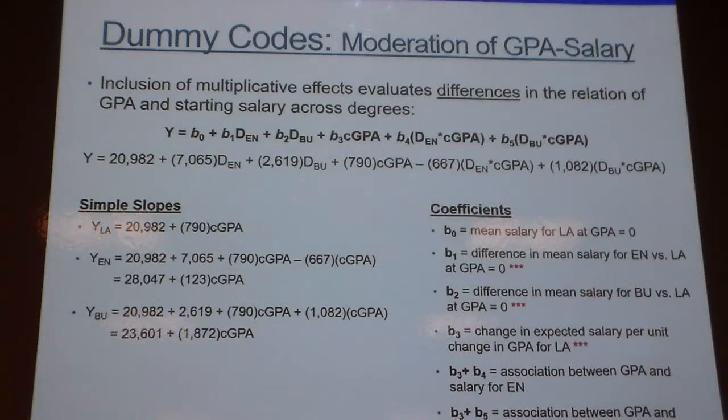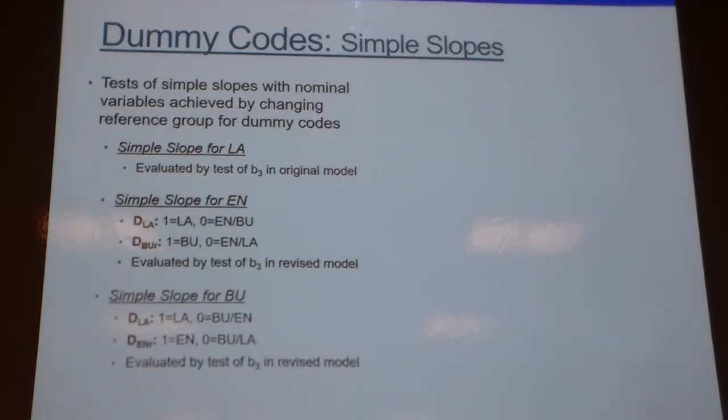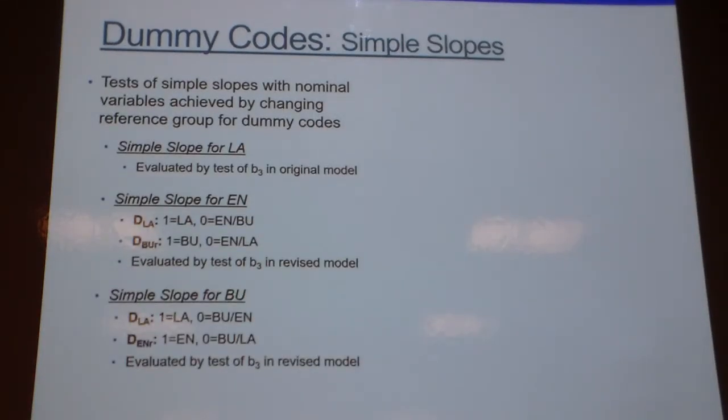I can plot this out, but what I might be interested in is whether GPA is related to starting salary if I'm an engineer. I don't know, but I can reconfigure my model so engineering is now my reference group. To do that, I create a dummy code for liberal arts, where liberal arts is 1 and everything else is 0, and business is 1 and everything else is 0.